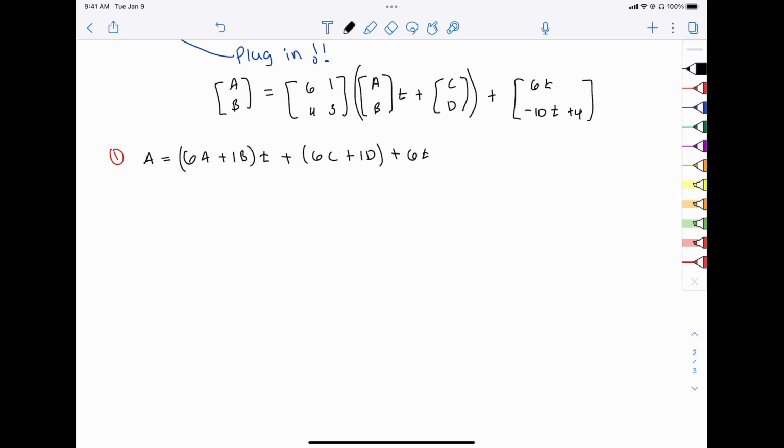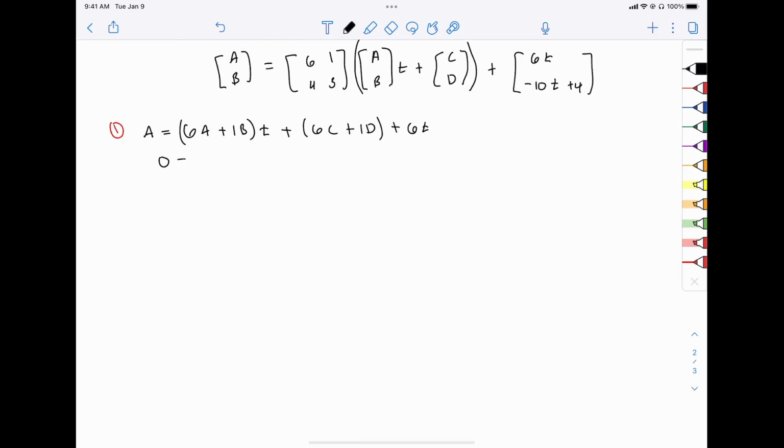I'm just going to go ahead and move this to the other side and perform the algebra necessary to do that. And what we'll basically end up getting is that 0 is going to equal 6at plus bt plus 6c plus d.